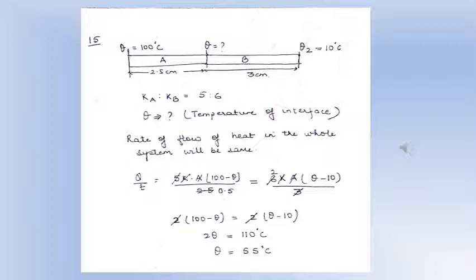So theta 1 is 100 degrees Celsius, theta 2 is 10 degrees Celsius. We have to find the temperature theta of the interface.